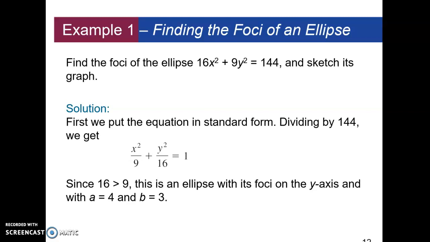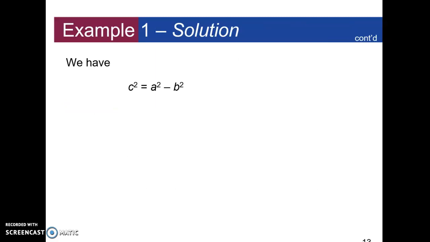But we're trying to find the foci here. So to find the foci, we need to remember that c squared is equal to a squared minus b squared. And if you can find c, then that will tell you something about the coordinates of your foci. So let's plug in everything we know.